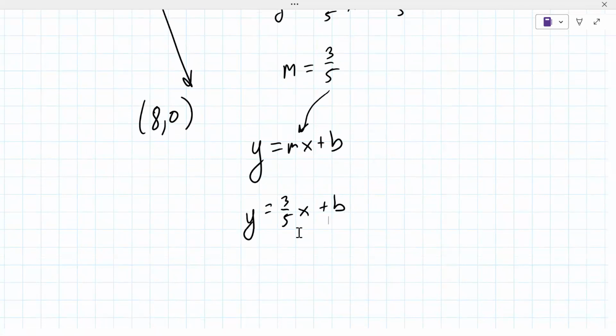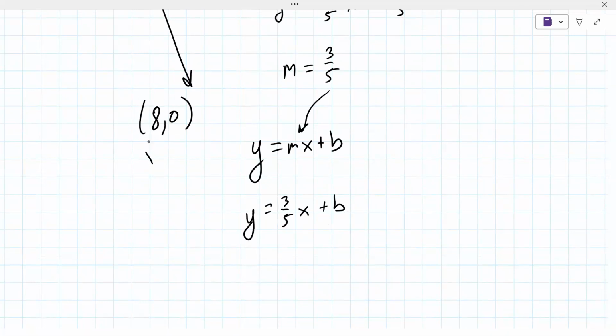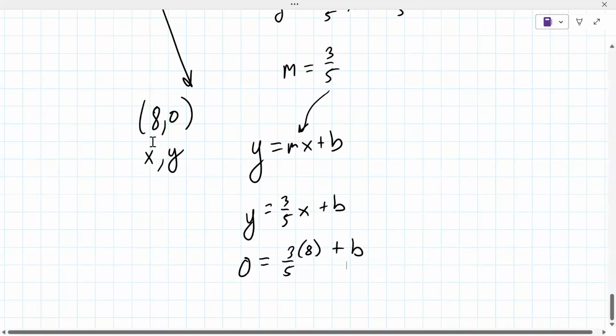We use this point. This point is an x and a y. So y is 0 and x is 8. You see that where x is 8 and y is 0?